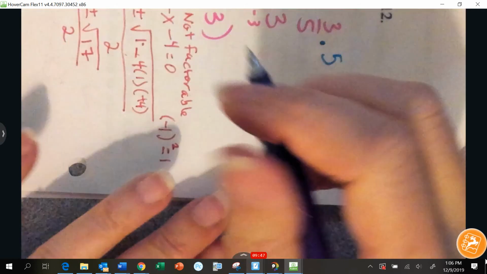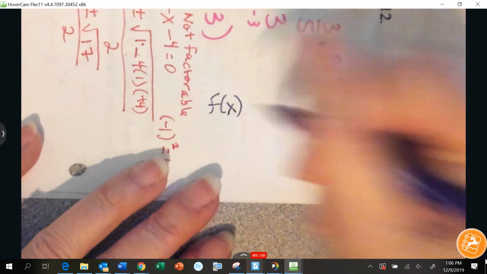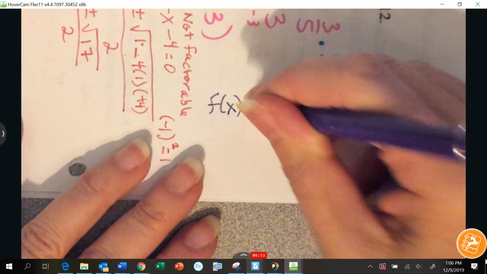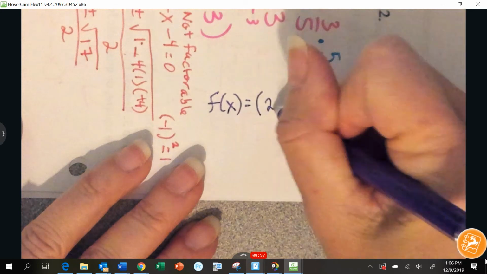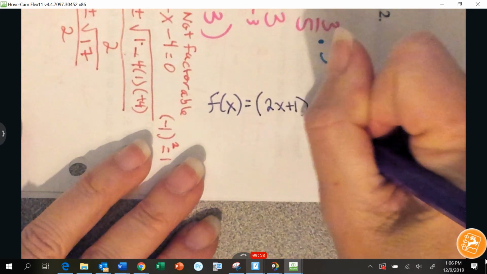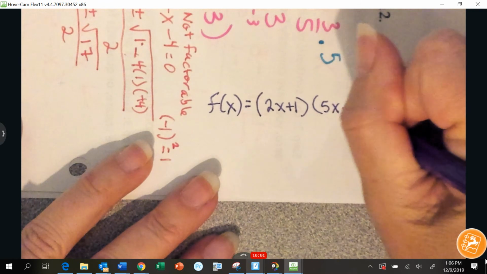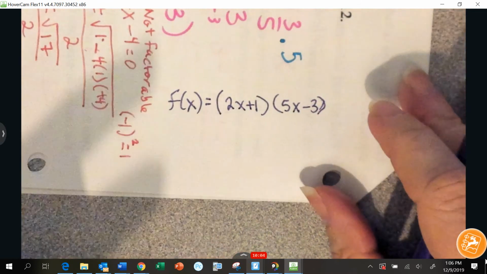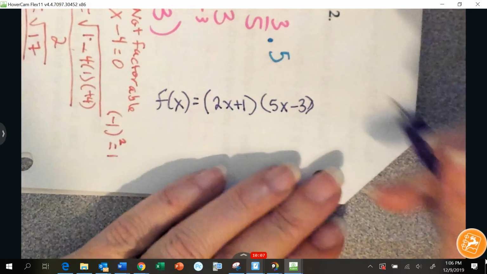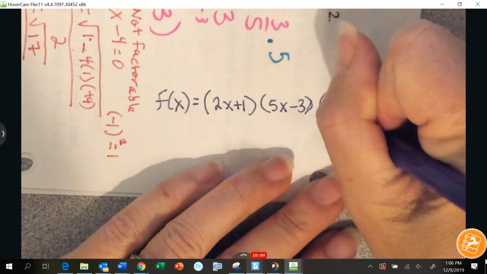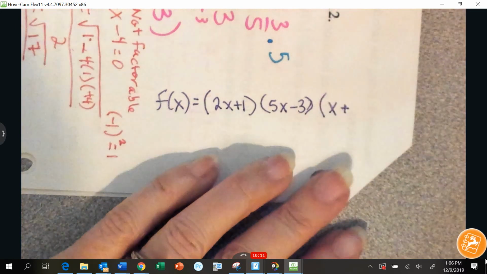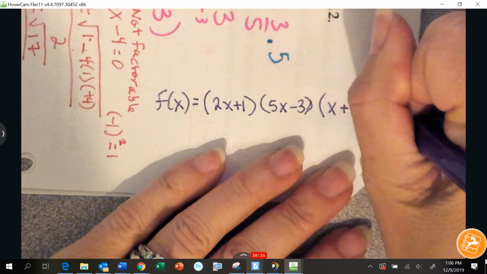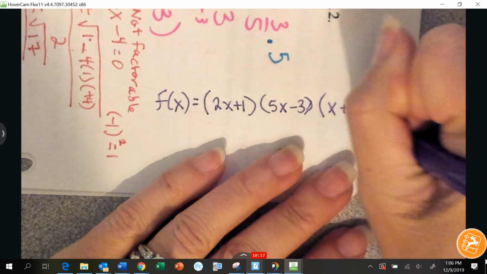So for this to be factored, we have those 2 factors that we got from looking at the calculator: 2x plus 1 and 5x minus 3. And now we have two more factors. I still didn't leave myself enough room. One's going to be x minus, 1 plus square root 17 over 2.